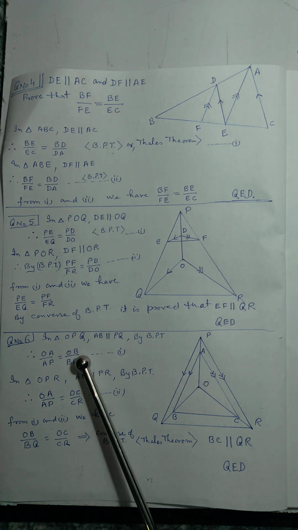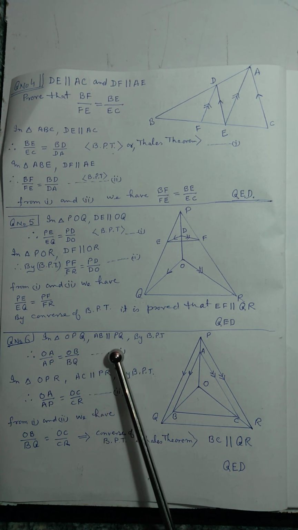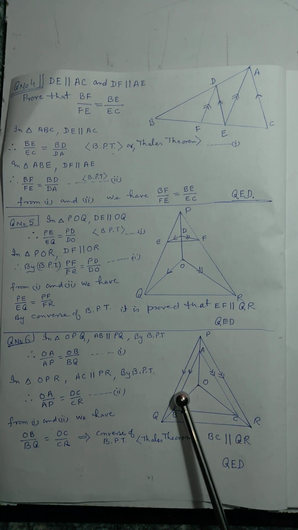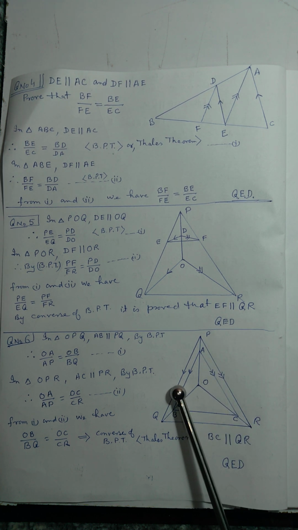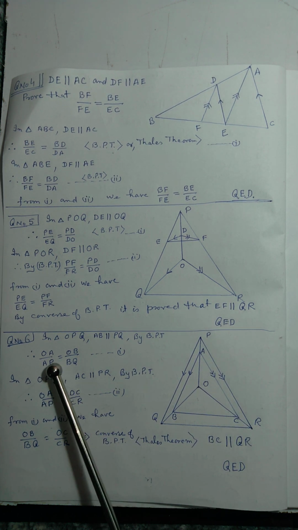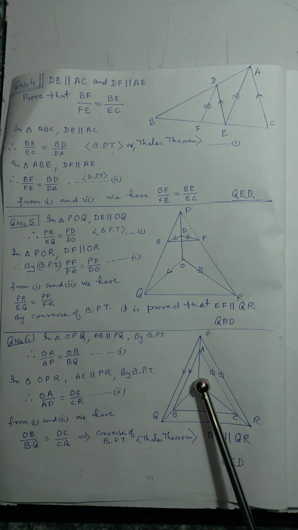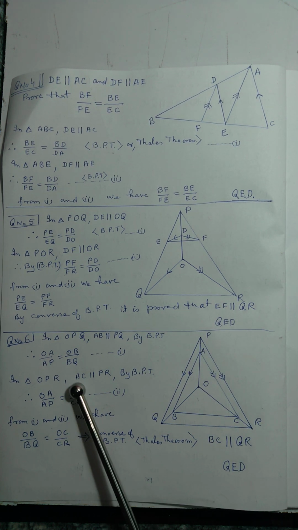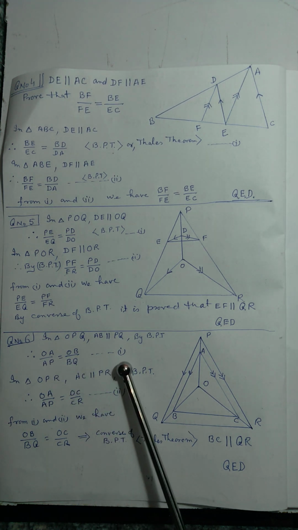In triangle OPQ, AB is parallel to PQ. Single arrow mark I have represented it here. So, OA upon AP will be equal to OB upon BQ. This is the first equation.